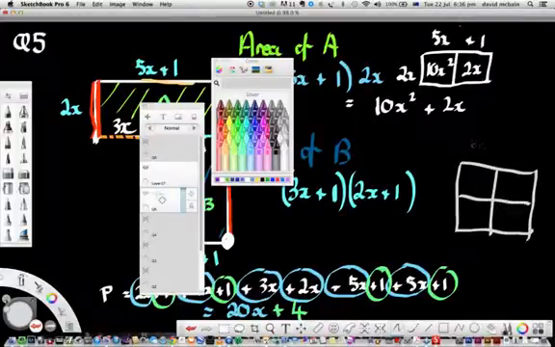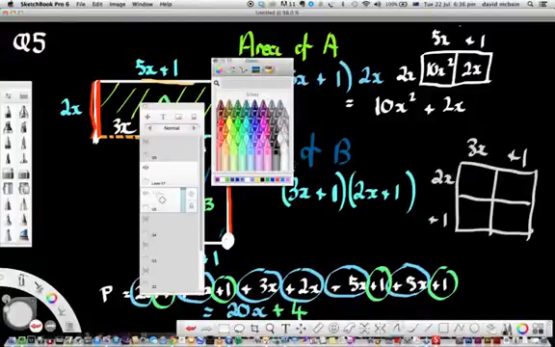So 3x plus 1 along the top, 2x plus 1 across the side, and filling in the gaps. 2 times 3 is 6, x times x is x squared, 2x times 1 is 2x, 3x times 1 is 3x, and 1 times 1 is 1.